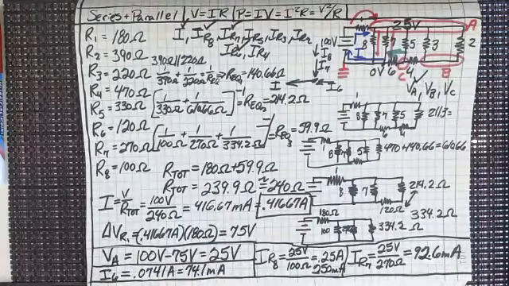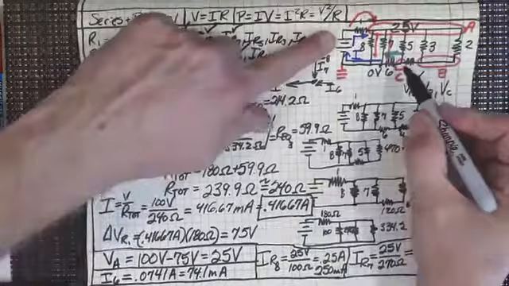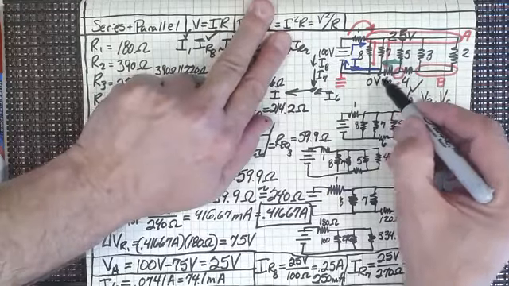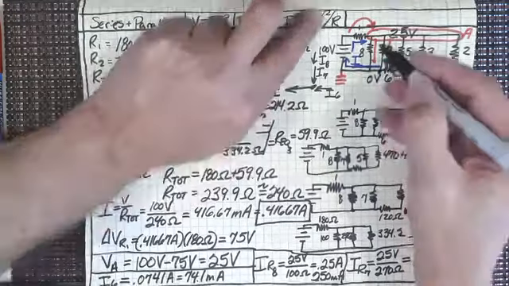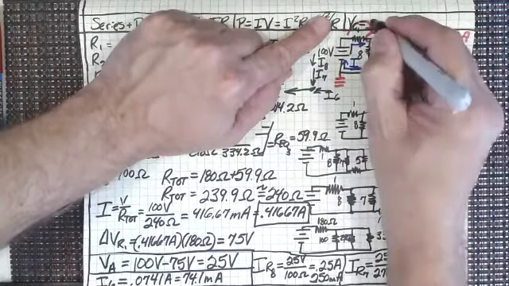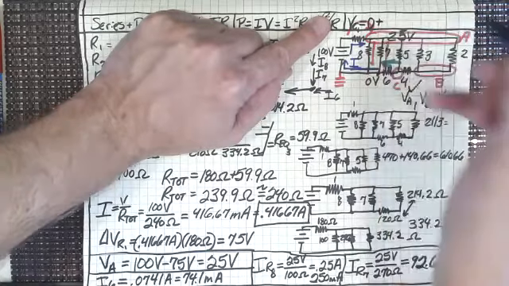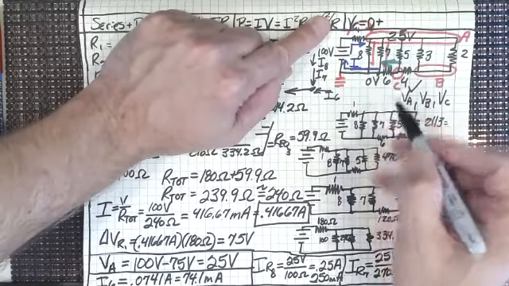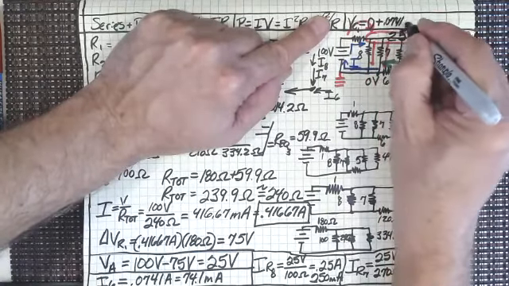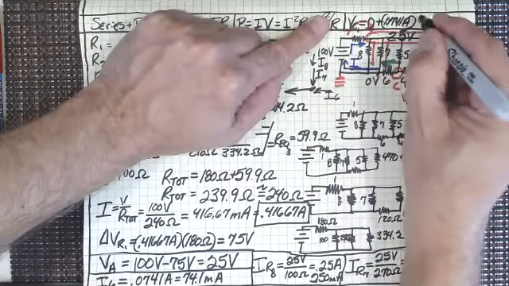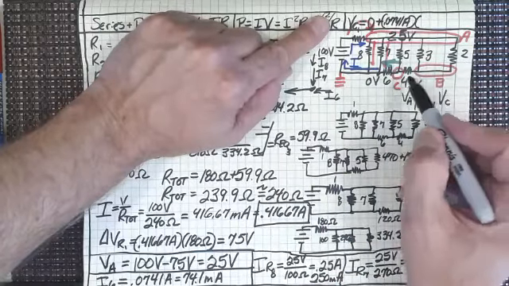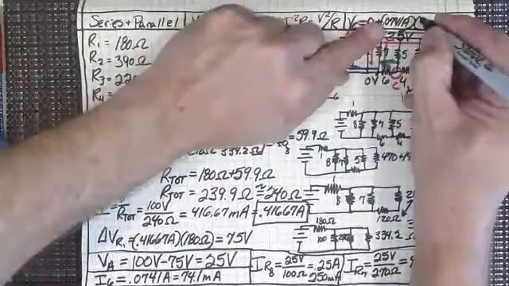We don't have V sub B, we don't have V sub C, but we're almost at V sub C right now, right? Because we know the current going through there, we know this voltage is 0, so I'm going to put it right here, V sub C equals 0 plus the current flowing through number 6, which we know is 0.0741 amps, times the resistance of number 6, which is 120 ohms.